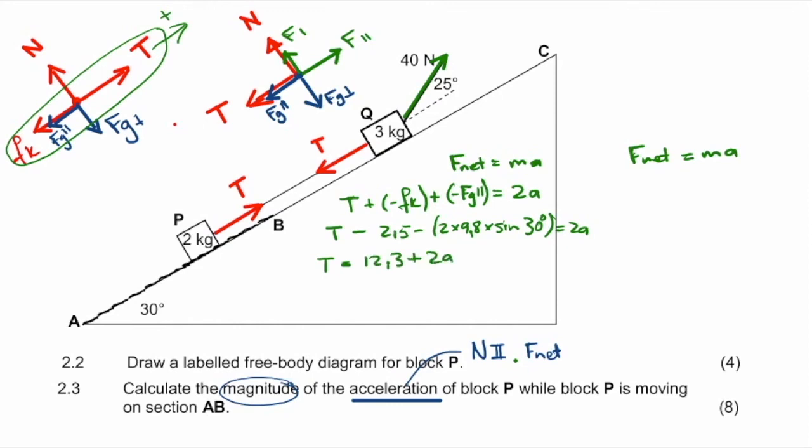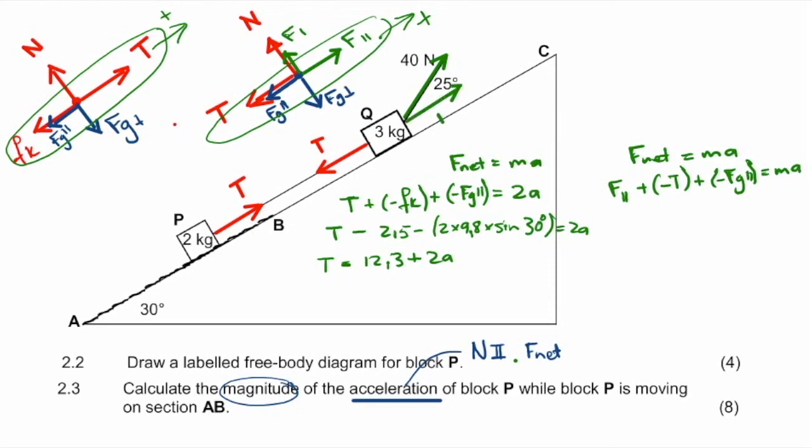Let's do the same for Q. Here, once again, I don't have to worry about the perpendicular direction. I'm only going to focus on the direction of movement, and upwards is going to be my positive direction. So here, this is going to be F parallel minus T minus F_g parallel equal to m times a.